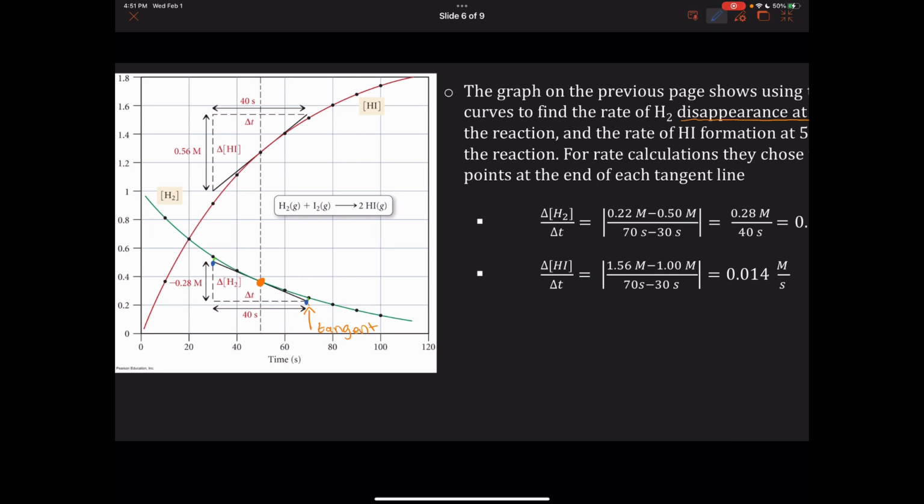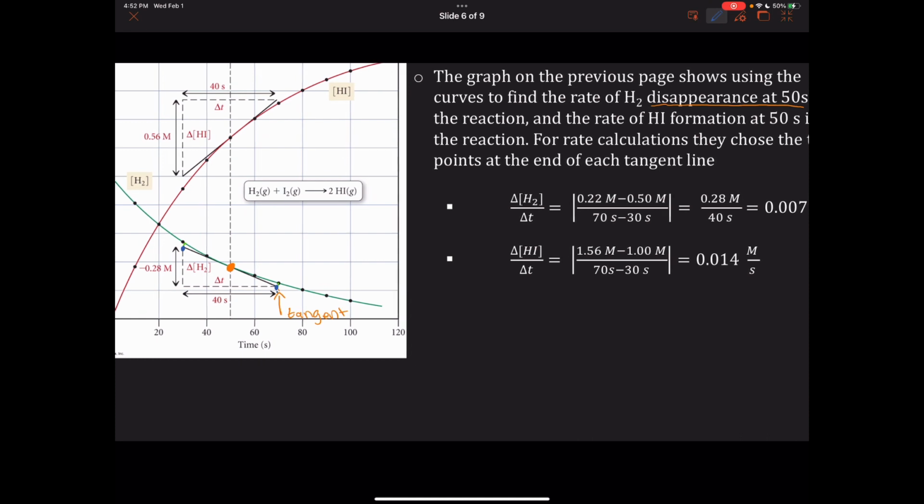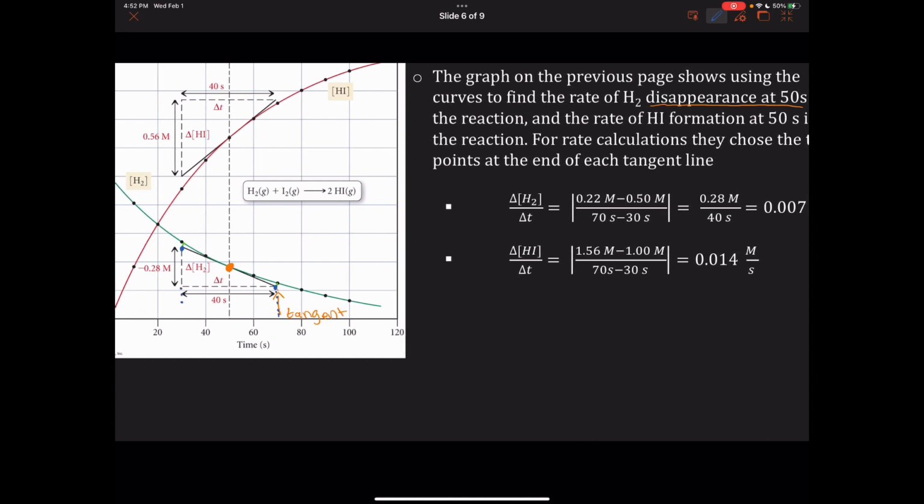So we're looking at our final concentration on that line of 0.22 approximately. And that's at 70 seconds. And then we're looking at 30 seconds, and a concentration of about 0.5 molar.